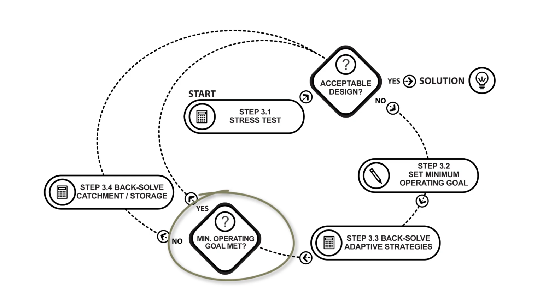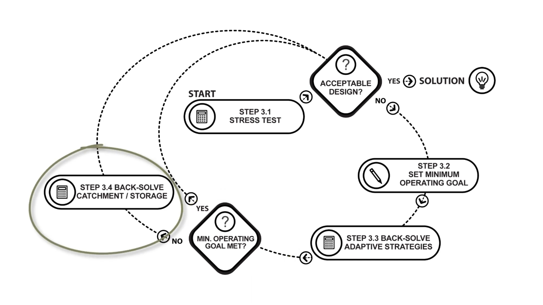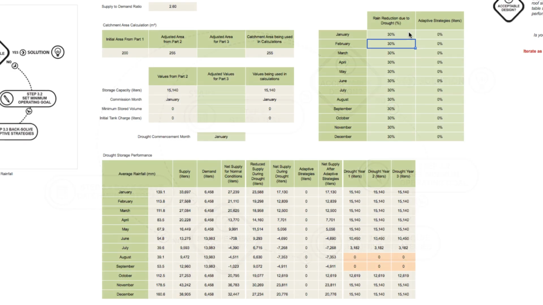And because they're not meeting their minimum operating goal, they're going on to step 3.4, which is back solve catchment and storage. So they're going to reevaluate the size of their tank because they've already increased their catchment as much as possible. With the rain reduction due to drought set at 30%, they're going to start increasing their storage capacity until they no longer have 0 month-end volumes in the table.